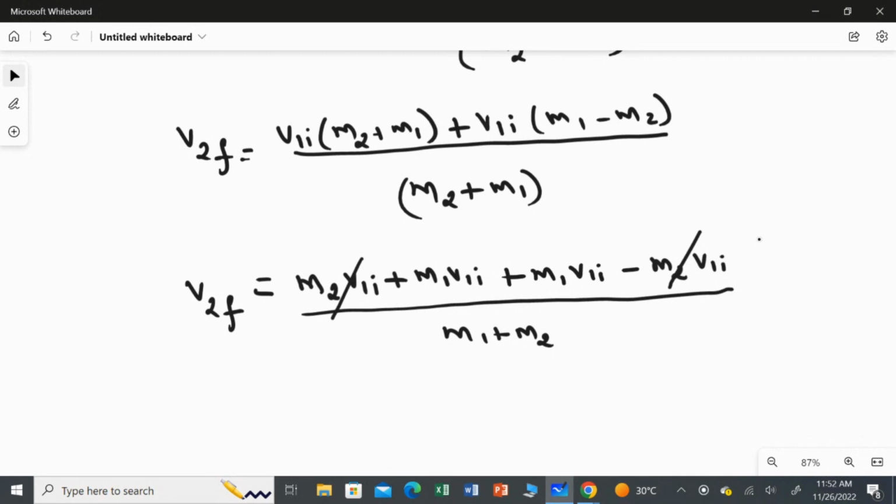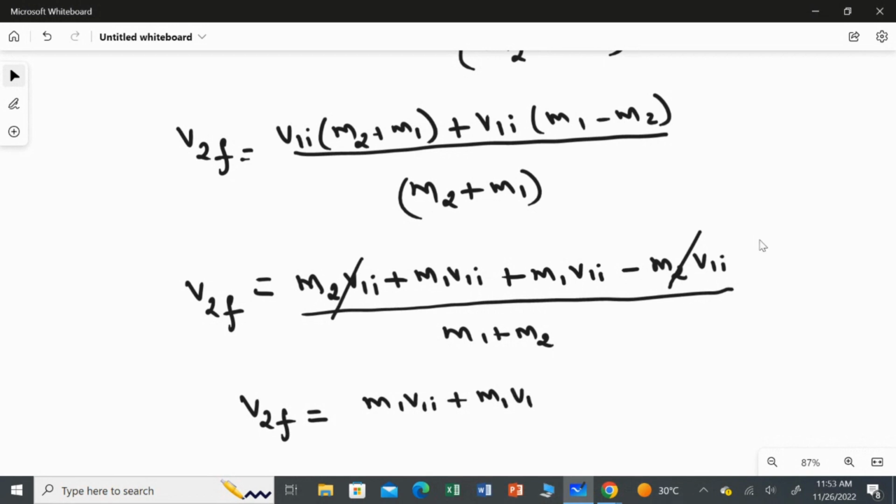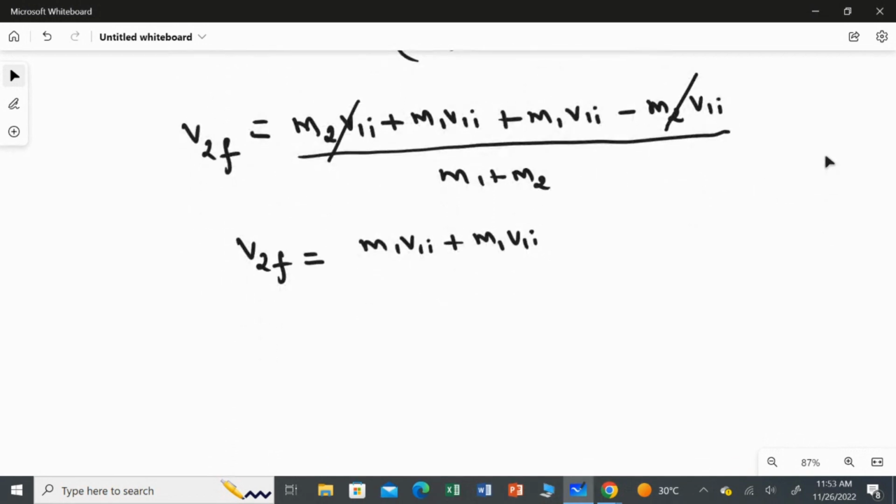So what is remaining? The remaining terms are V2 final, which is equal to m1 V1 initial plus m1 V1 initial divided by m1 plus m2.